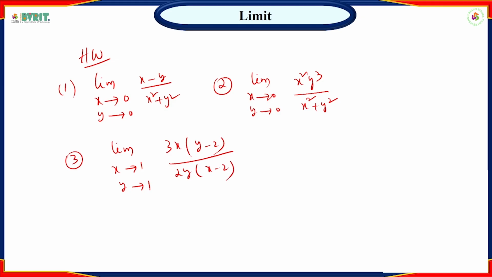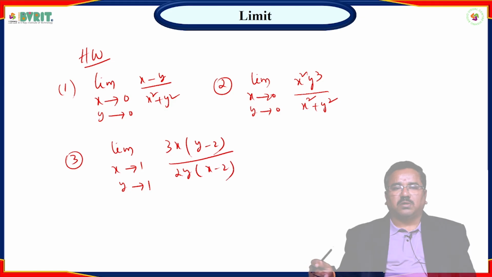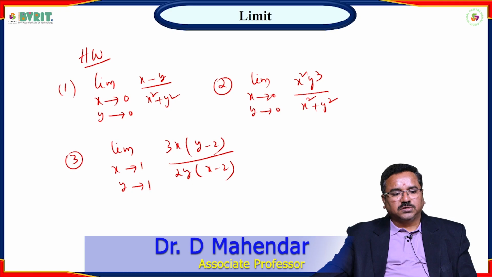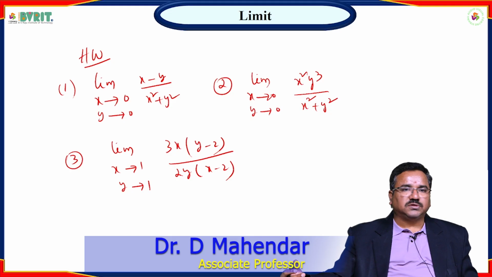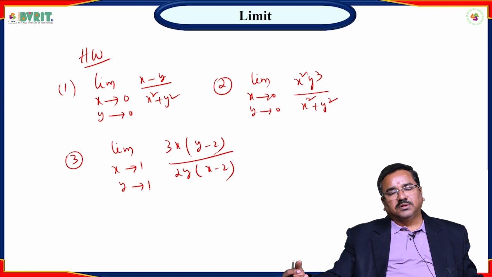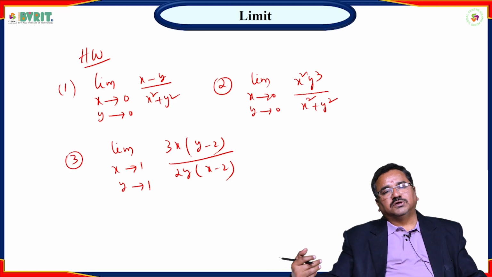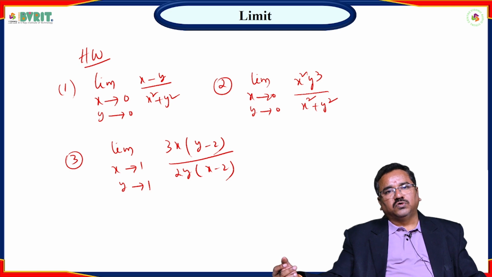These three problems you can practice. Two problems for limit about origin, one problem for limit other than origin. Once you are familiar with this limit concept, then we can check the continuity of the function of two variables. That we will do in the next class.